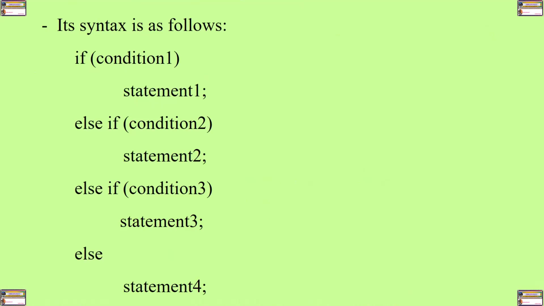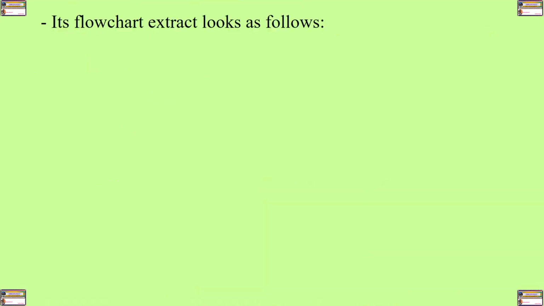Otherwise, if the first condition does not evaluate to true and the second condition does not evaluate to true, then you check condition three. If condition three evaluates to true, you execute statement three. Otherwise, if none of those alternatives evaluate to true, neither one, nor two, nor three, you execute statement number four.